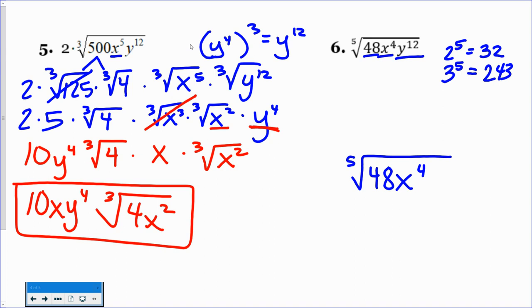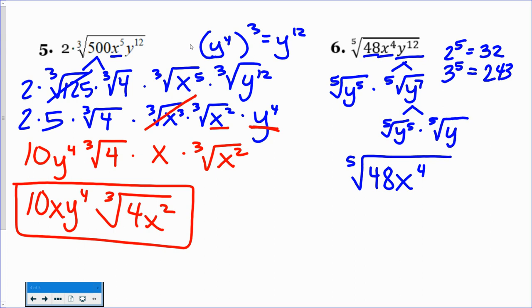Now there's a couple different things you can do. If you think about the way we've been doing it, we hope that it would be y to the 5th, but then you're left with y to the 7th. Okay, and then y to the 7th can be broken down again. Y to the 7th would be broken down into y to the 5th and y to the 2nd.